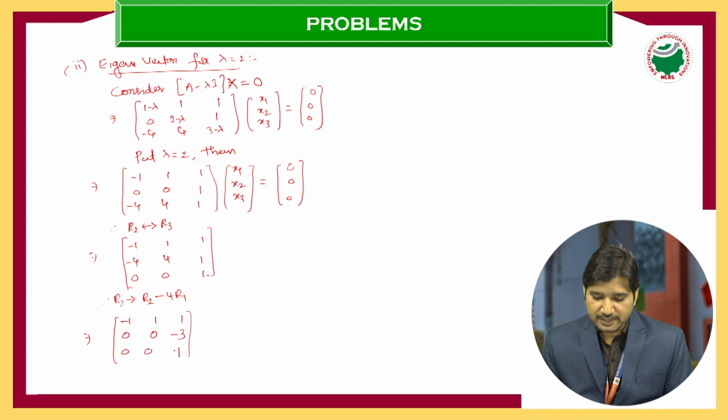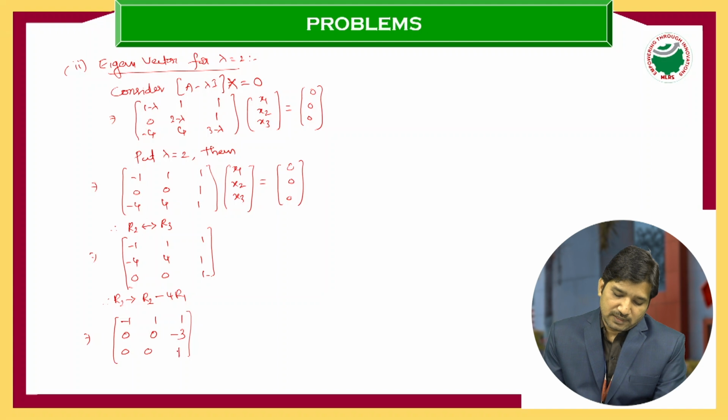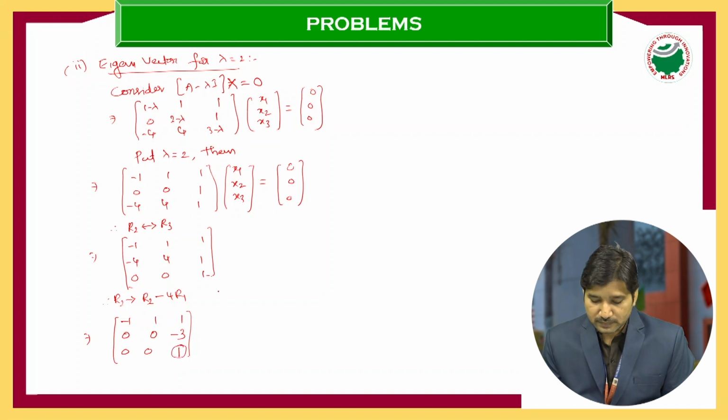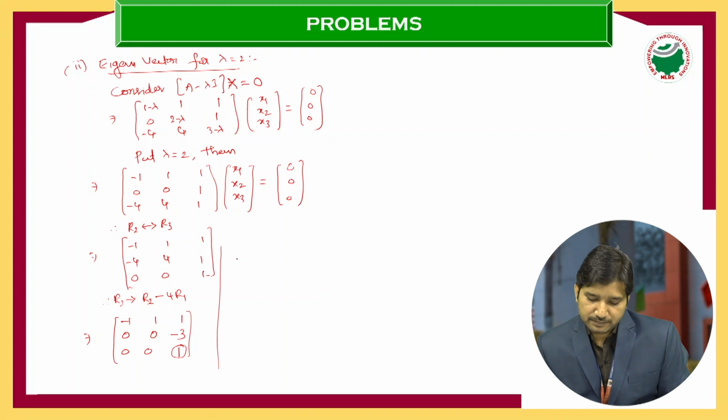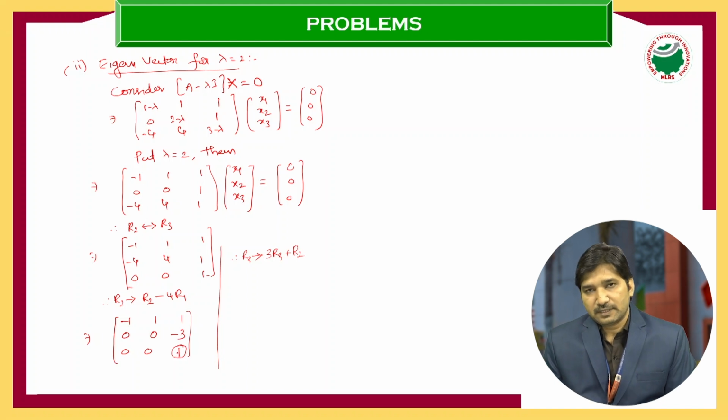Now by applying R3, multiplying R3 by 3 and adding to row 2, this will definitely be 0. So R3 becomes 3R3 plus R2, that is 3 minus 3 is 0.